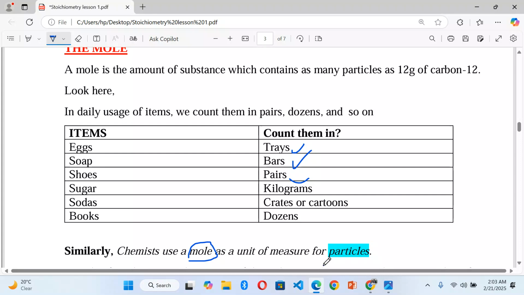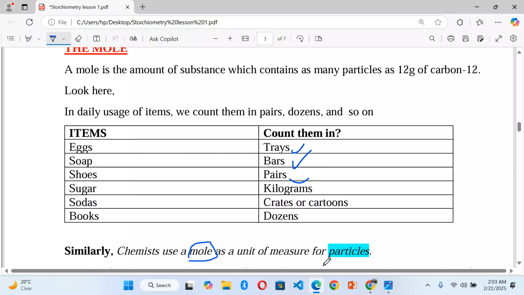Now, a chemist wants to know how many particles. Maybe let's talk about sodium chloride, the one we use every day for cooking food. Sodium chloride, that is the common salt, the table salt that we use for cooking every day.